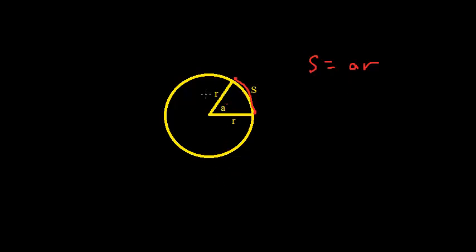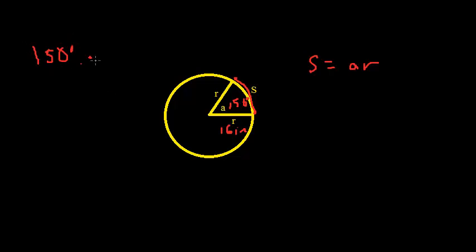So if I have a circle where my radius is 16 inches and the angle that I'm looking at is 150 degrees, I can then calculate the length along that part of the circle using this formula. The first thing I'd have to do though is convert this 150 degrees into radians.